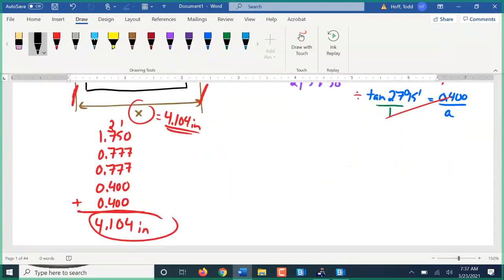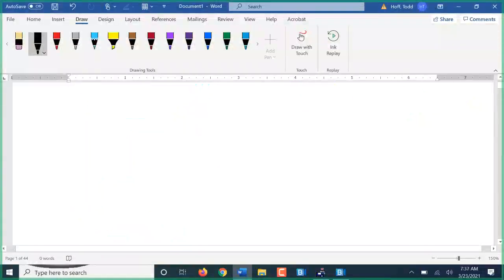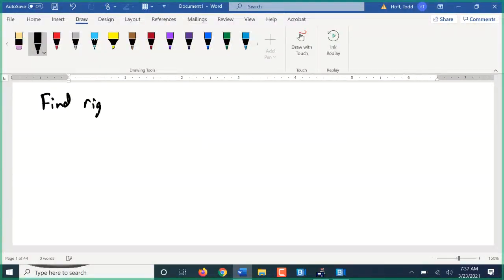When we are dealing with these applications, the main thing that we have to be able to do is find right angles. Eventually, we have to put those right angles into triangles.